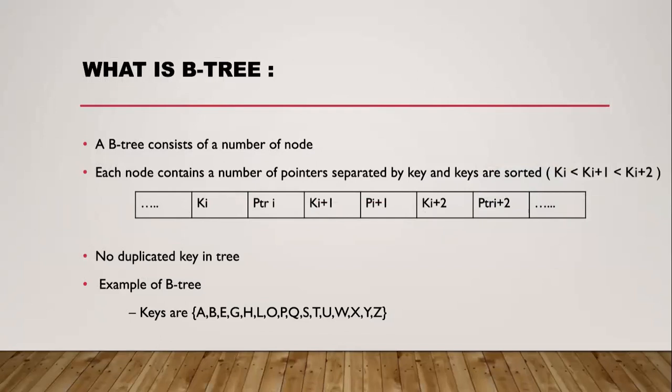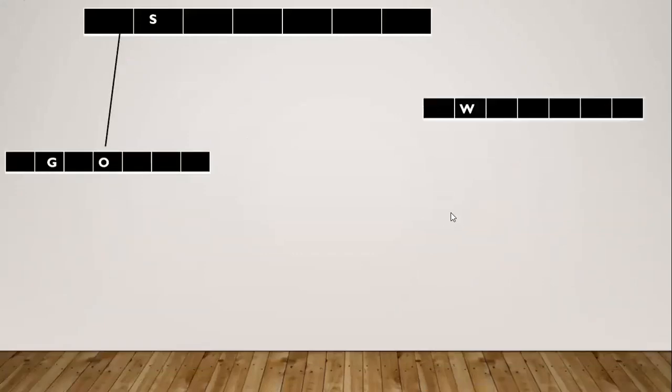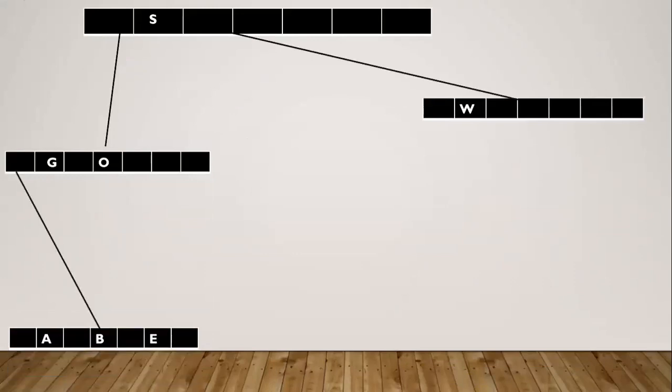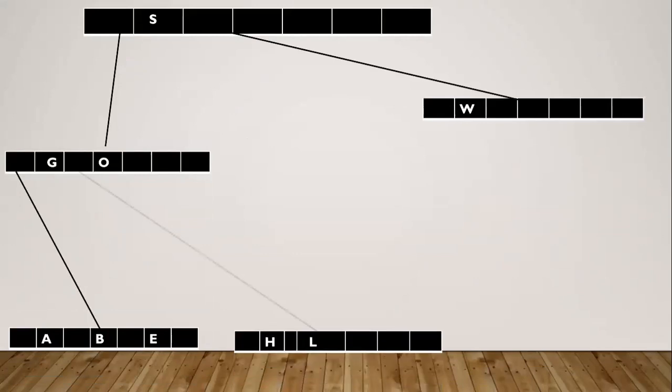So an example of a B-tree is a binary tree, B-tree. The keys are A, B, E, G, H, L, O, P, Q, S, T, U, etc. So here is a binary tree chart.